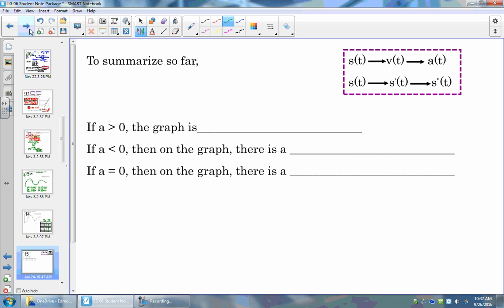So to summarize so far, and again, a lot of this you can see is quite logic-based. If A is greater than 0, then the graph is going to be concave up. If A, or acceleration, is less than 0, then on the graph there is a concave down.